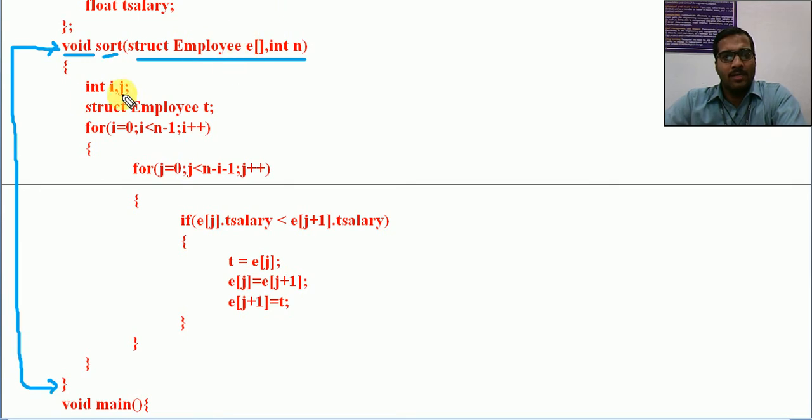Now I am declaring 2 variables. Here I am declaring one more struct variable, struct employee t. You just understand this t is for temporary. This is the temporary structure. Hope you understood the requirement of this temporary structure variable, because we are swapping between structures. If salary is varying between the first and second employee, 2 structures are to be swapped, not 2 values; the entire record is to be swapped.